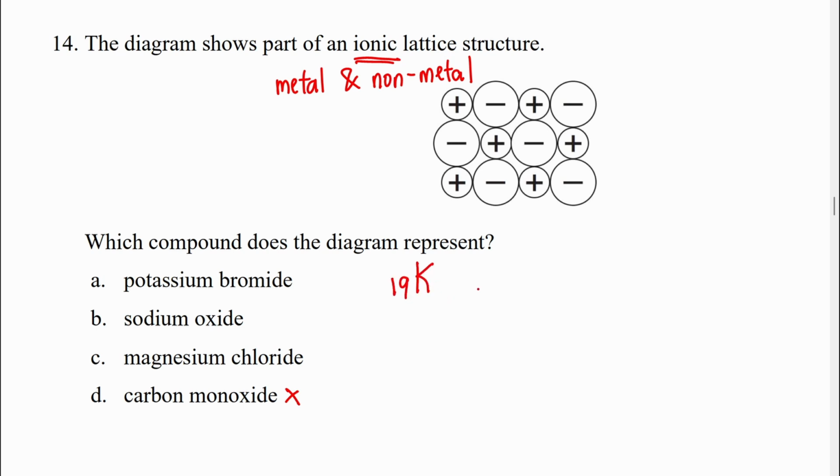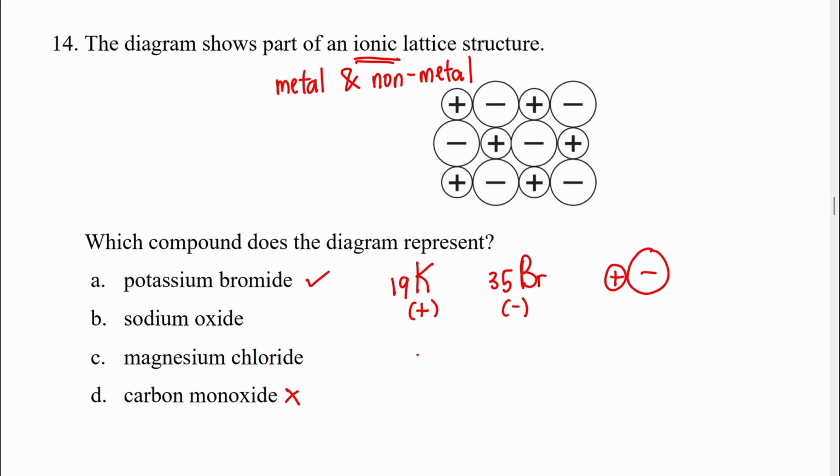And bromine is 35. So potassium is the metal. All metals will have positive charge. So this is the positive and this is the negative. Because the atomic number of potassium is smaller than bromine, the positive will be smaller than the negative charge. Okay, so this is correct.